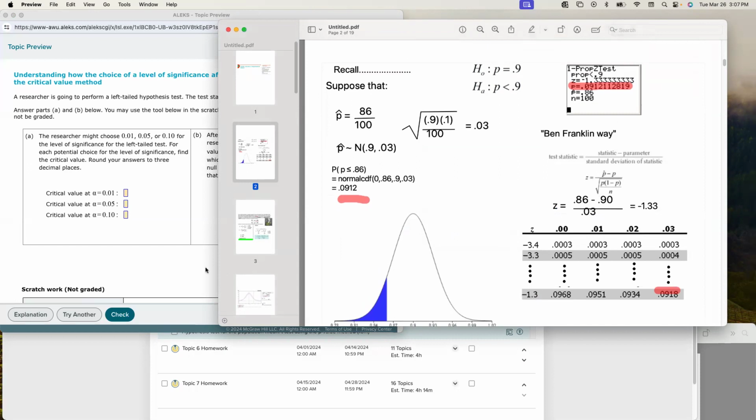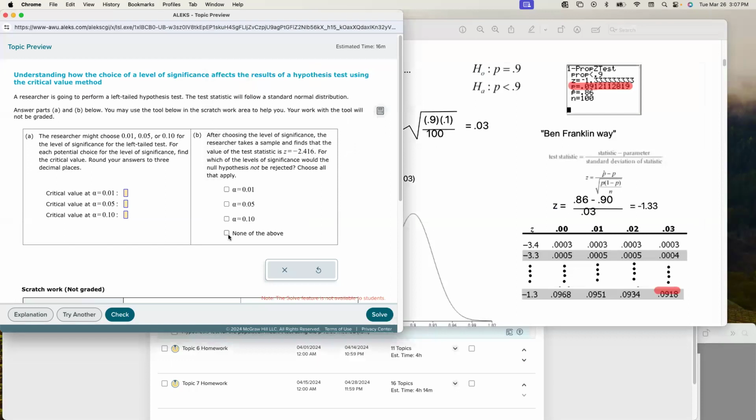And so as you get further and further from zero, which is the center of the z distribution, you're going to get a smaller p-value. This is our criteria to reject. So the lower the p-value, the more evidence we need. In other words, the bigger the difference has to be.